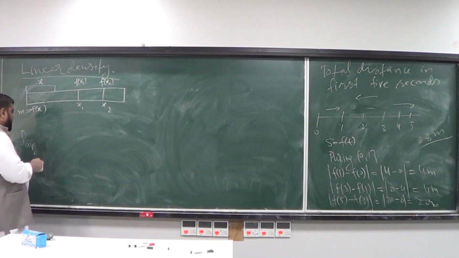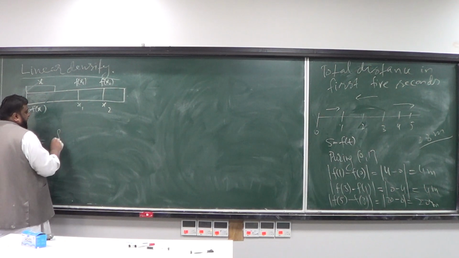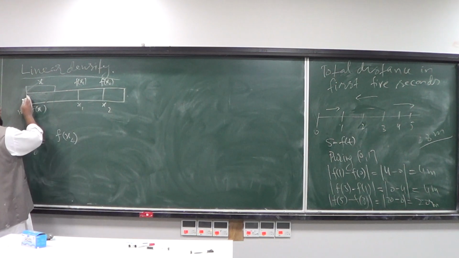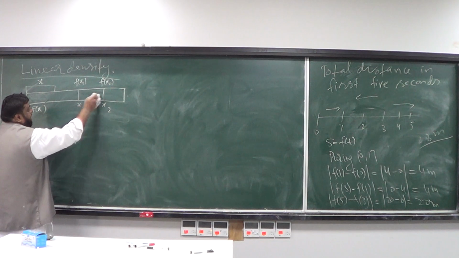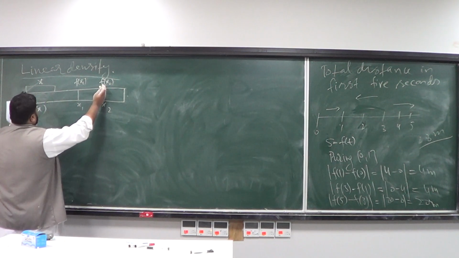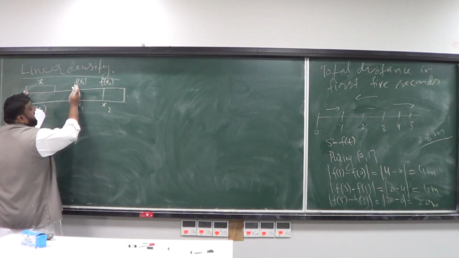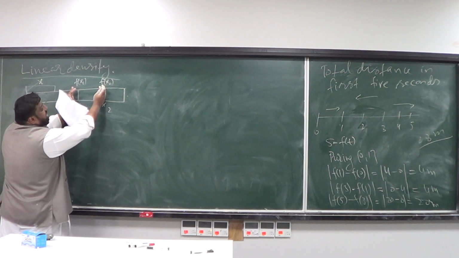So f of x2 is representing this total mass, and f of x1 is representing this smaller mass. From this total mass, just get rid of this much mass, and you're going to remain with only this mass.